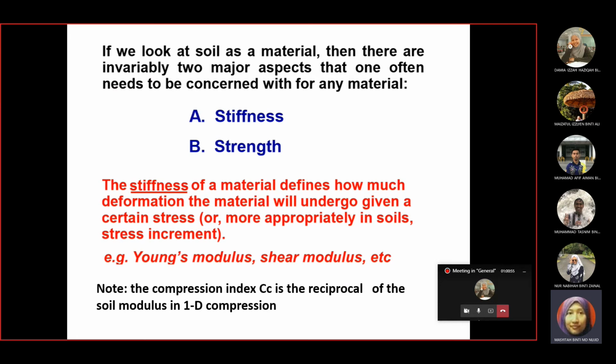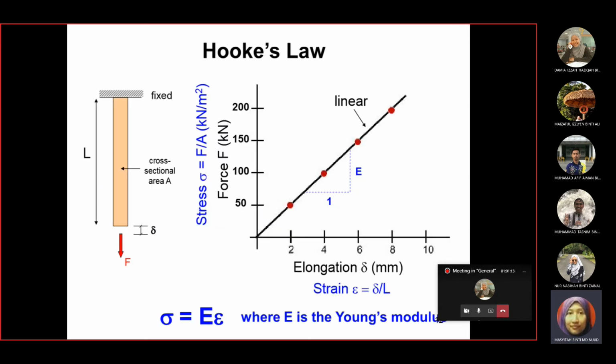So bila kita nak cerita stiffness of the materials ni, kita boleh tengok parameter dia adalah yang modulus ataupun shear modulus. Kalau kata you want to see the strength of the soil, kita boleh refer from the two parameters of the soil which are cohesion dan juga internal friction angle. Okay, this is the common behavior of the material.